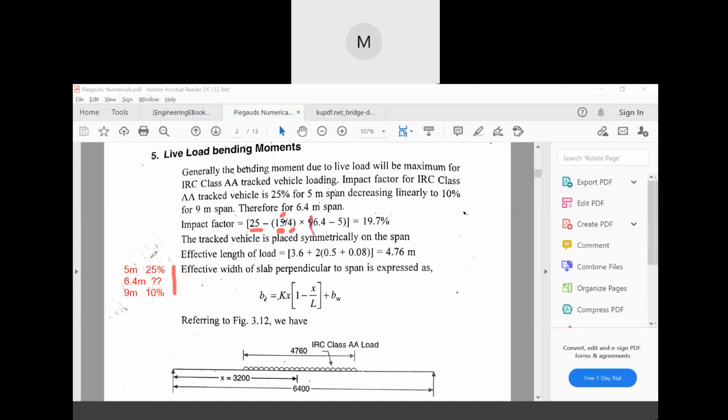You have to consider our two ratios, 25 minus 10 and 9 minus 5, and then multiply into 6.4 minus 5, and then overall you have to subtract from the bigger value. This is the interpolation thing. Yeah, 19.745. Fine. That's why we are considering it 19.7. I hope this is clear. Michael, is it clear?